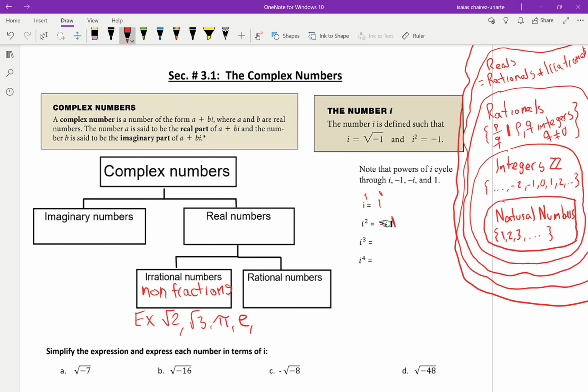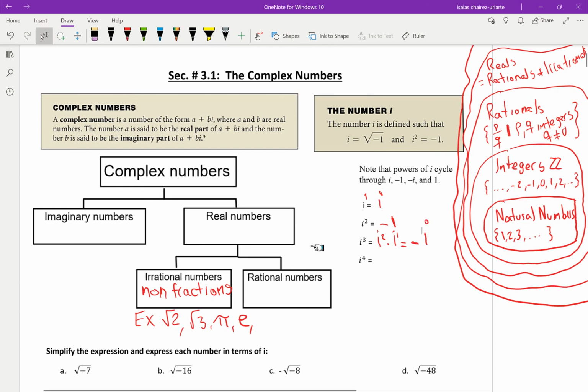Well, one thing I could do is take advantage of exponents. I could say that i to the third is i squared times i to the first, because then I end up adding the exponents, which gives me 3. And I know what i squared is, -1, and I know what i is, i. So this becomes negative i.